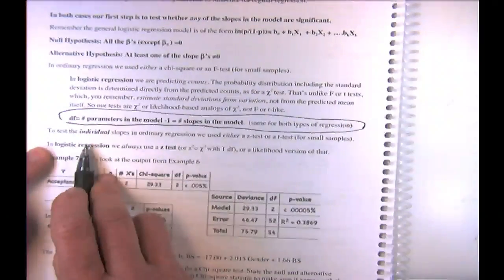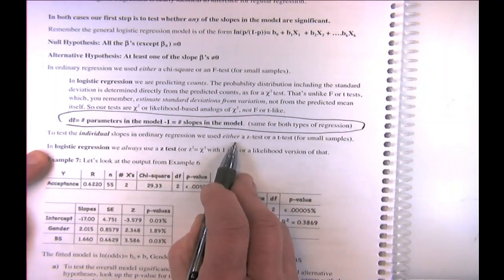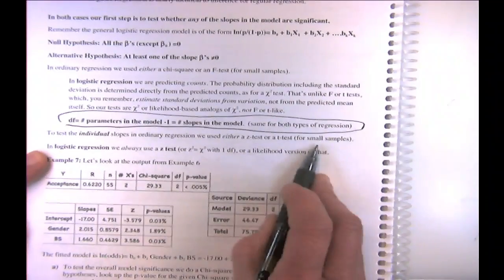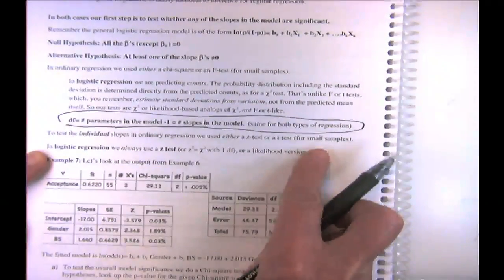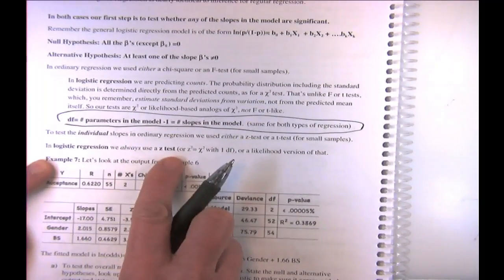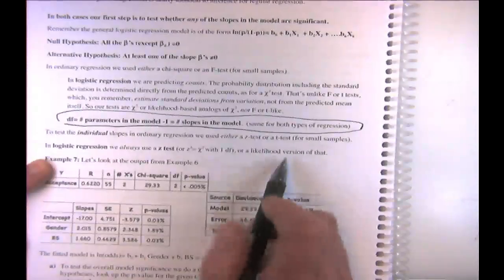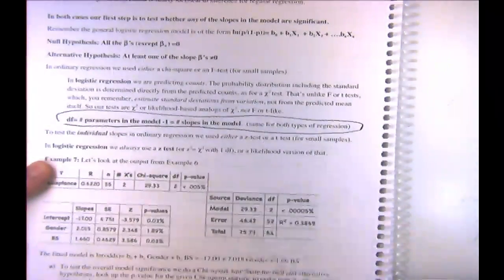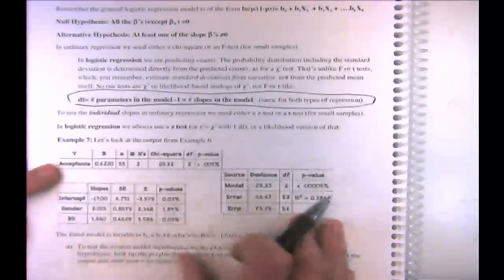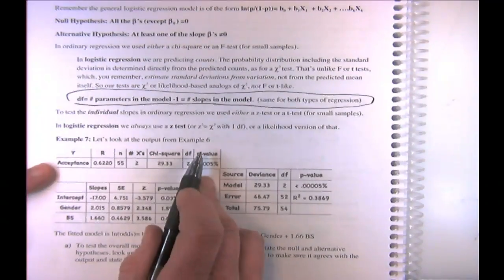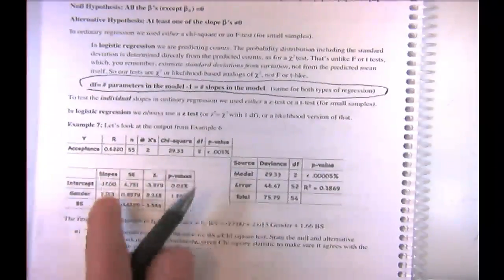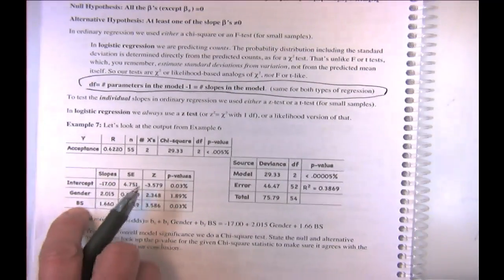And it's the same for both types of regression. All right, and then to test the individual slopes, in ordinary regression, we used either a z-test or a t-test. If we had a small sample, we used a t-test. But in logistic regression, we always use a z-test or a chi-square test, or a likelihood version of that. So let's look at this output for this example where we're trying to predict acceptance to medical school based on whether somebody's male or female and their biological science score.